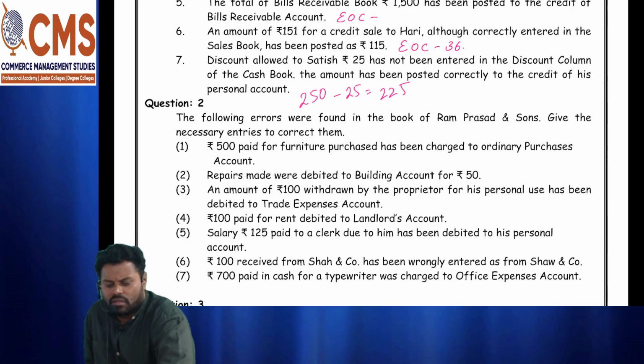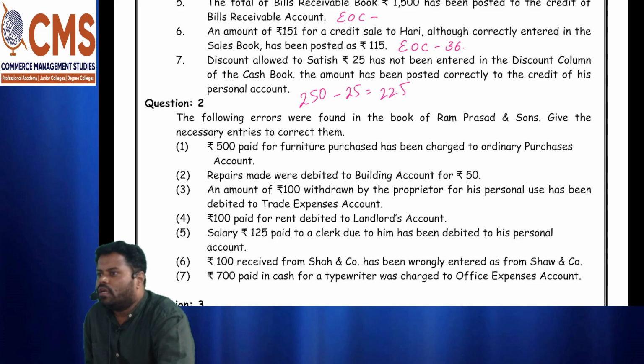So where do we enter this first? In cash book on the receipt side, to Satish, discount column 25, cash column 225. Did you write it correctly in cash book? Yes. You wrote it in cash column as 225, but you never wrote this 25 in the discount allowed column.